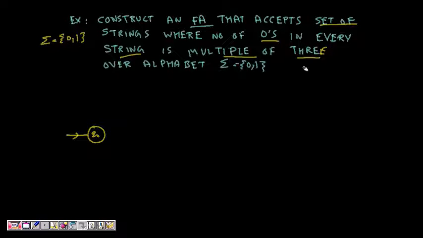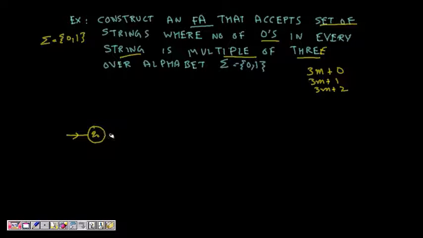A multiple of 3 means it is of the form 3m. You can have only 3 kinds of numbers, which are of the form 3m, 3m plus 1, 3m plus 2.